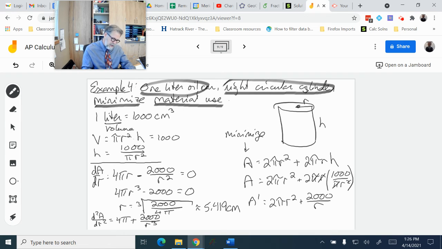But just looking at this second derivative, 4 pi is positive. And since r has to be positive, you can't have a negative radius, that means 2,000 over r cubed must be positive, which means that for all possible values of the radius, this has to be a positive number, which means that this is in fact a minimum value.